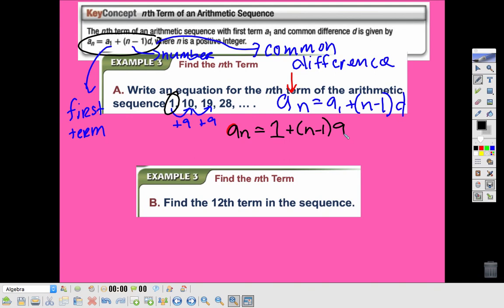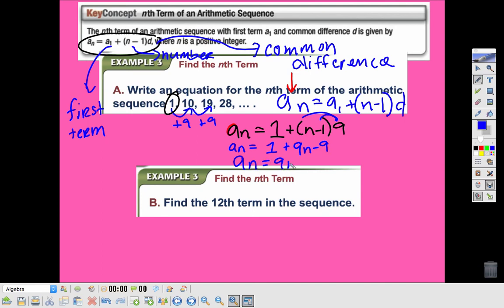Okay, so now that we have this, what do we need to do you think? Solve. Simplify it. But we're just going to simplify this right-hand side of the equation. So a sub n is going to equal 1 plus, what do I have to do here?